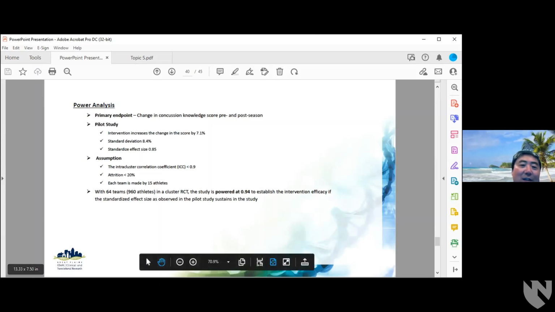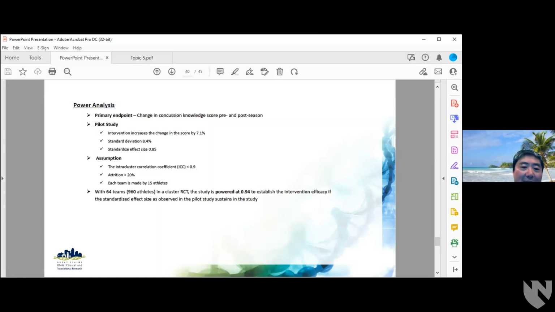Okay, so we did a pilot study. This is from the local institution, where the PI got a grant for a small-scale study to find out that the intervention increased the change in the score by 7.1%. And that standard deviation then gives you a standardized effect size of 0.85. That's pretty moderate.